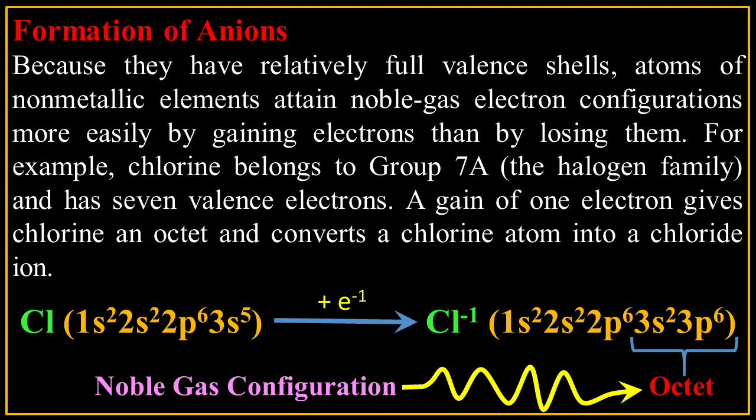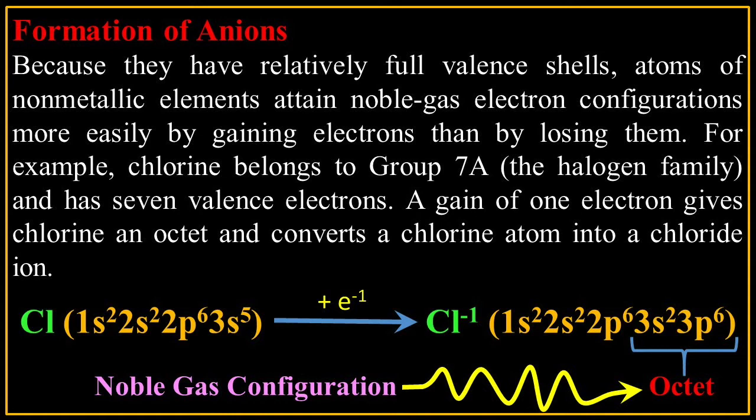And there's the configuration and the noble gas octet, which would be the same configuration. If I wrote out the electron configuration long form for argon, you'd get the same thing.